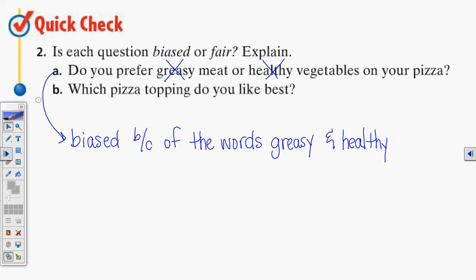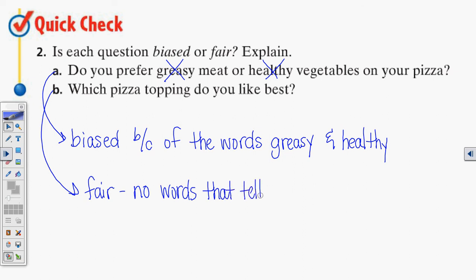So then B, which pizza topping do you like best, is a fair question. There are no words that tell you the speaker likes or dislikes anything.